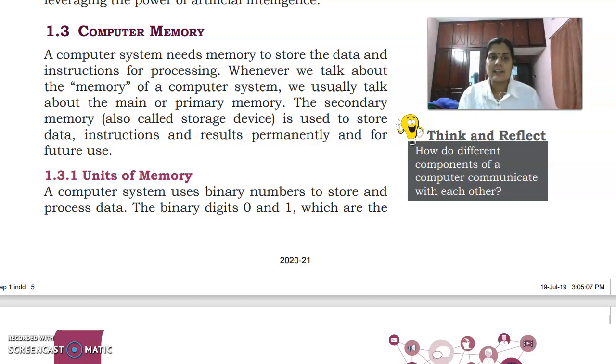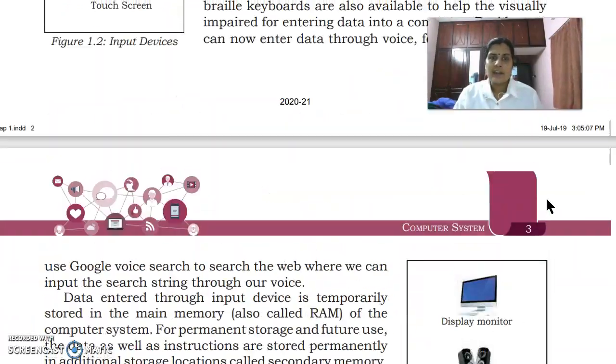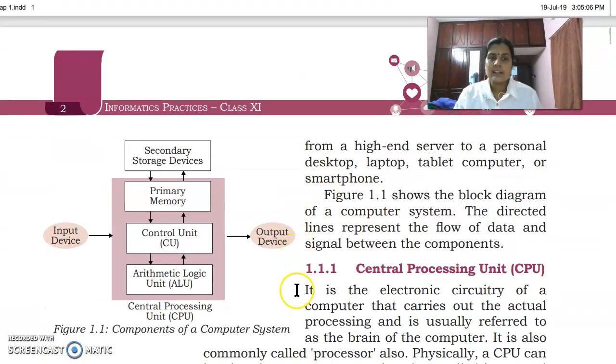In the previous class, we discussed components of computer system. In that, we studied input device, output device, CPU. Then there is another component also in our computer system. Referring to this first figure, we know that next part of the computer system is memory.